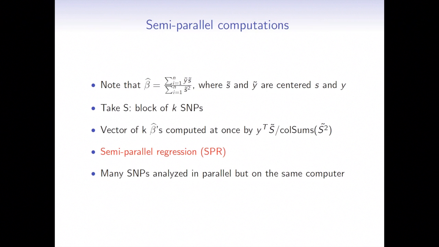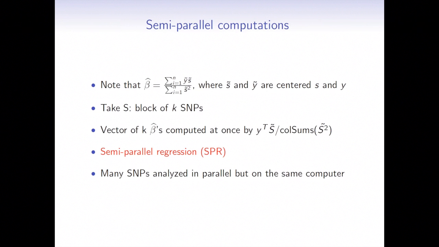So imagine that we want to take a block of SNPs. I take k SNPs at one time, and this operation of the beta can be done using matrix operations. So if I multiply the transposed vector of y's with the whole matrix of the centered SNPs, I can get my whole vector of betas using one matrix multiplication.